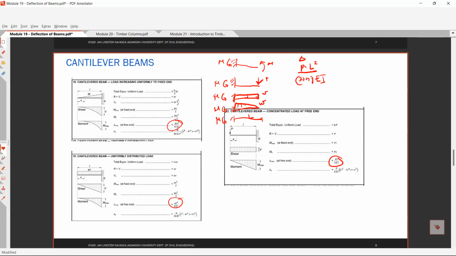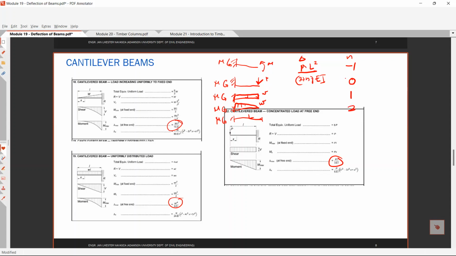Okay, ano yung M? Yung moment dun sa may fixed support. So find the moment dun sa fixed support. Eh ano yung N? The N values, kapag ganito yung equation, you have negative 1. This one is 0. This one is 1. This one is negative 1, 0, 1, and 2.